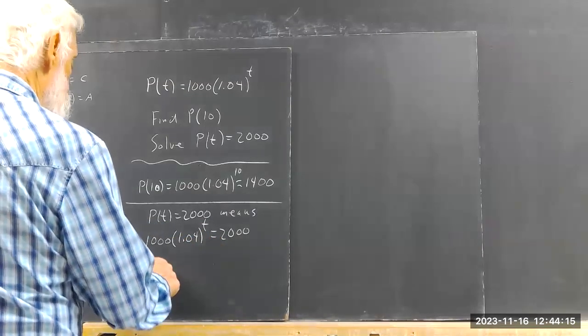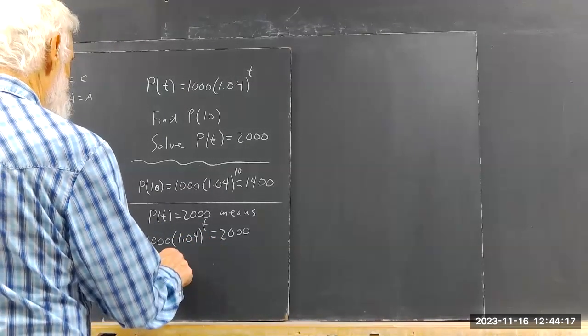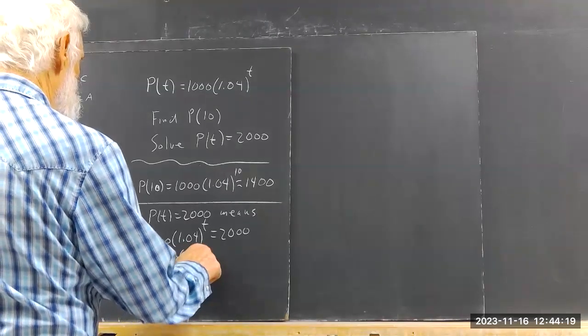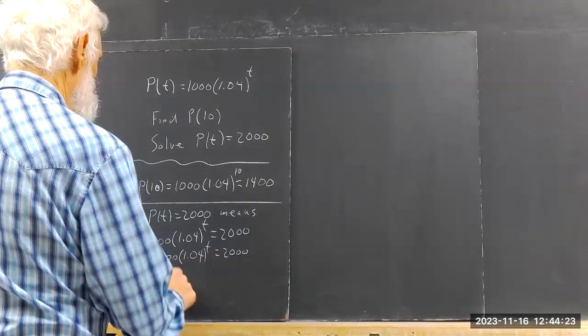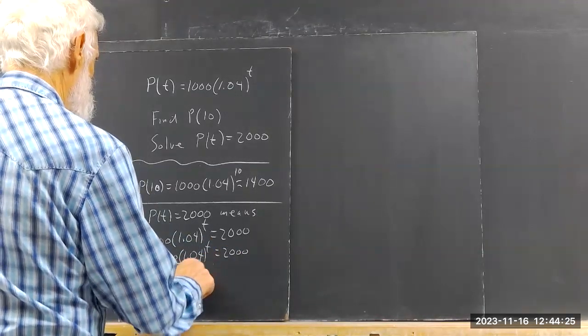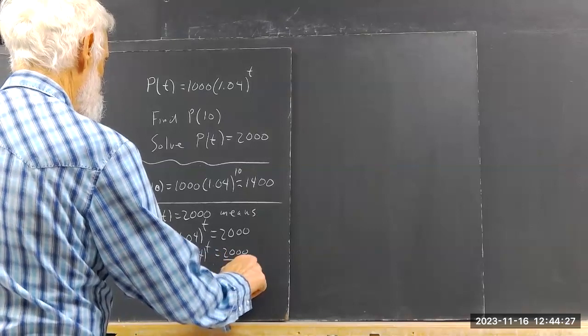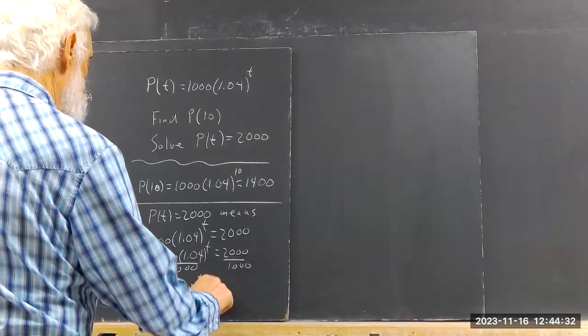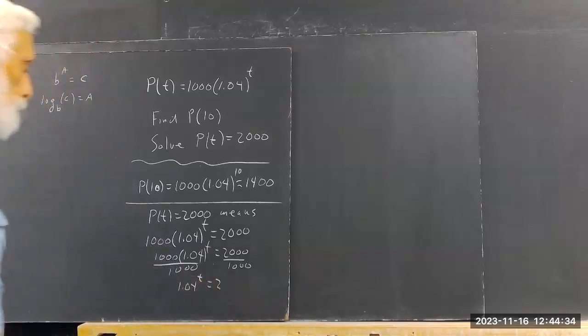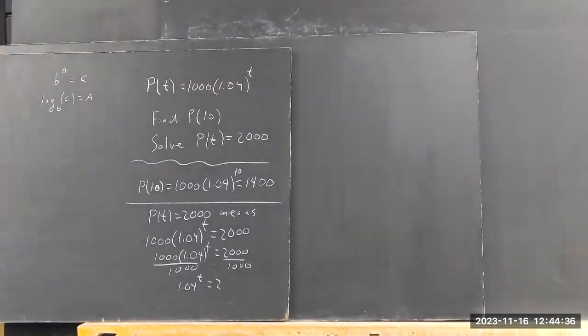So we divide both sides by 1,000. We get 1.04 to the t equals 2. We solve that.